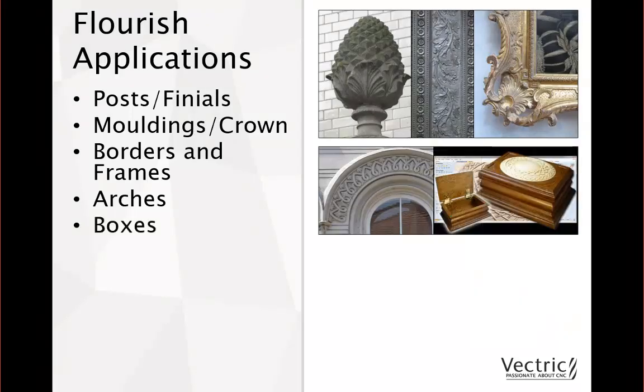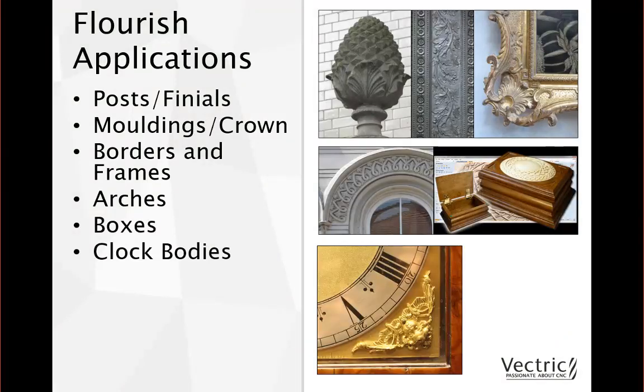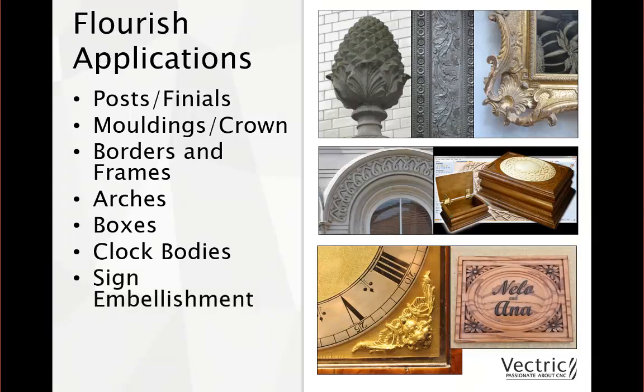Boxes, adding decoration to boxes, or even clocks, again on more historic clocks particularly. And even adding embellishment to signs to make a sign a little bit more attractive or create more interest in it. So this is just a few examples of where you might find these and some photos of the way that they might be used.